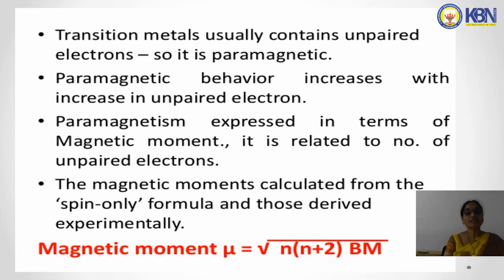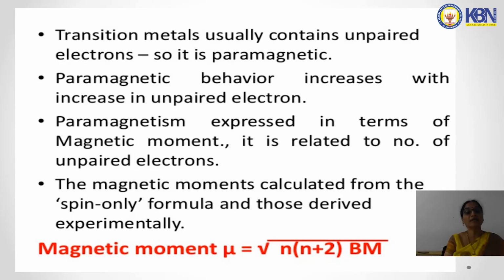Paramagnetism is expressed in terms of magnetic moment, and the magnetic moment is related to the number of unpaired electrons. We can calculate the magnetic moment of a paramagnetic substance using the spin-only formula, which is mu equals √(n(n+2)) Bohr magnetons.